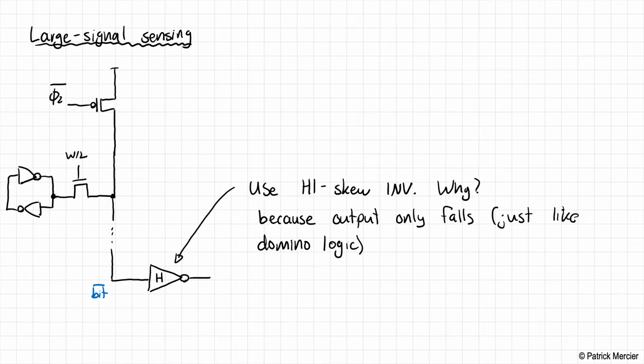It's pre-charged to VDD, and either one side of the bit line stays at VDD or it discharges, and vice versa. Because the output only falls, high skew inverters are more sensitive to falling edges.